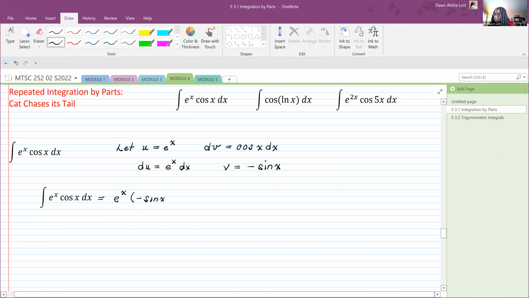I originally wrote negative, and that is wrong. This is positive. Integral cosine is sine.